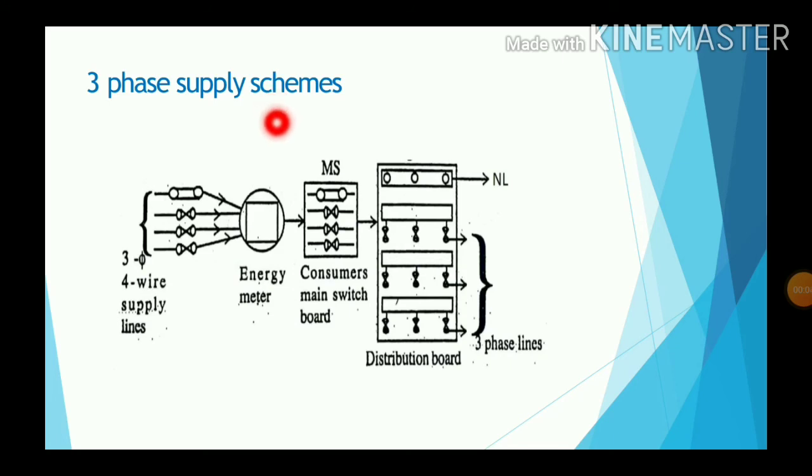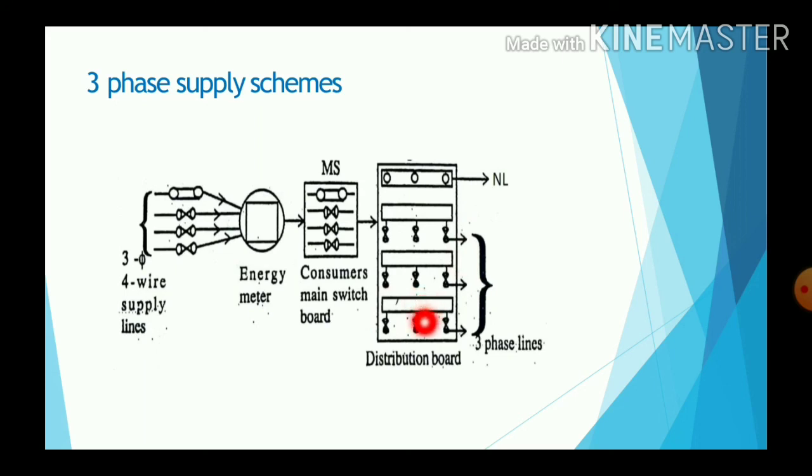In a three-phase supply scheme, the major elements are the same as that of the single-phase system: energy meter, consumer main switch, distribution board, and then the sub-circuits. Here we are using three-phase 4-wire AC supply. It is connected to our consumer's energy meter, then connected to the switchboard, then our distribution board.